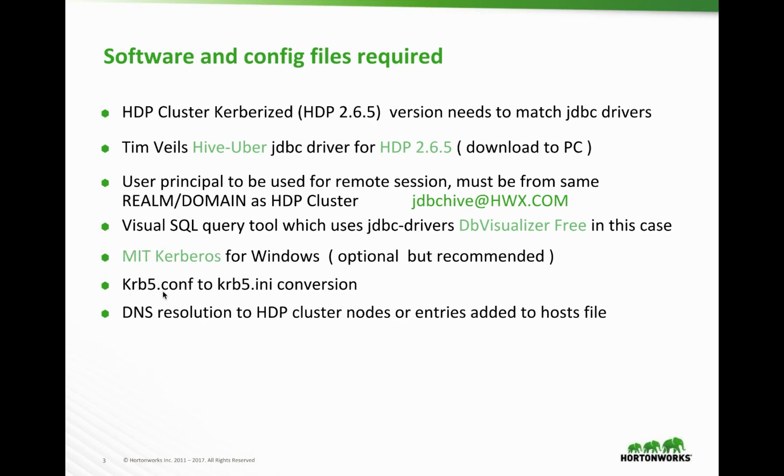For the config file, we will be copying over the krb5.conf Kerberos conf from the same cluster to the Windows and then do some quick conversion. Last step, it's also optional, just in case you don't have naming resolution that is required. From Windows, you need to be able to connect with a fully qualified hostname to the cluster.